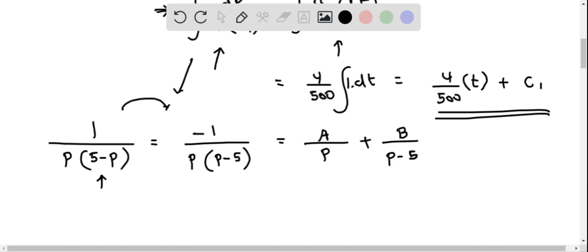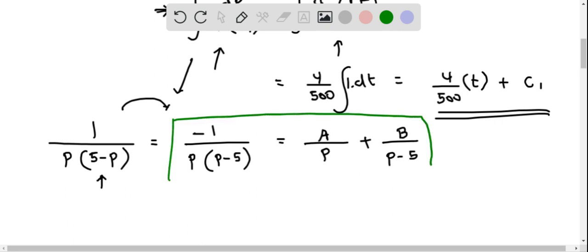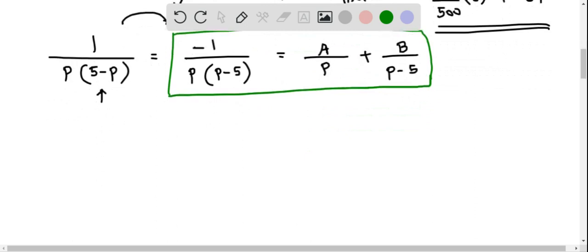Now we multiply both sides of this equation by p times p minus 5, which is the common denominator. On the left side, we are left with negative 1. On the right side, we'll be left with a times the factor which it doesn't have in the denominator.